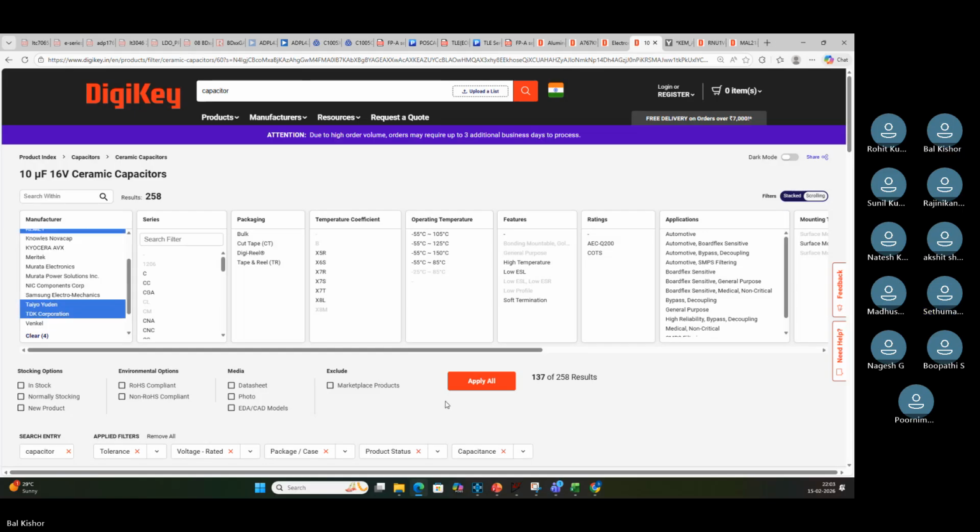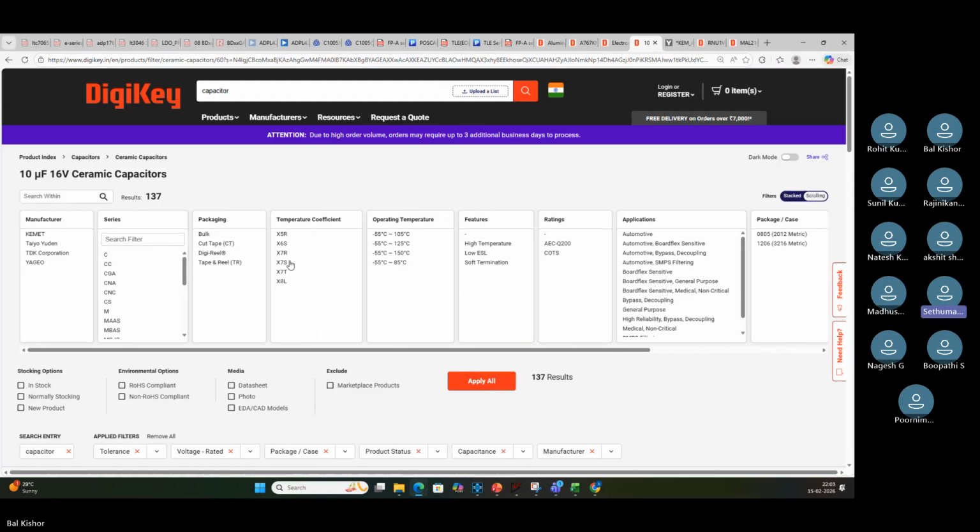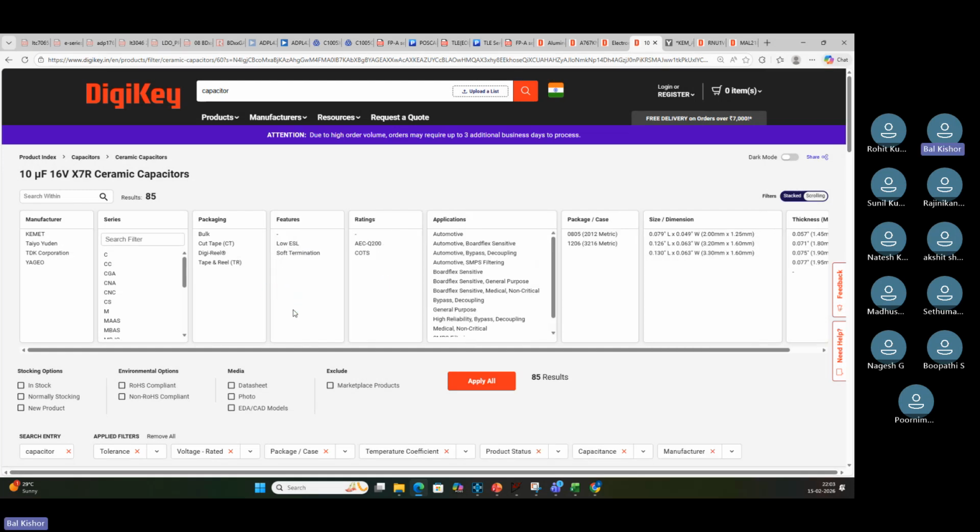For the automotive industry, there is a standard, AEC. Is there any other standard especially for the renewable sector, like solar? No. That's industrial grade. Industrial grade capacitors will be sufficient for them. Okay. So you can go ahead with industrial grade.